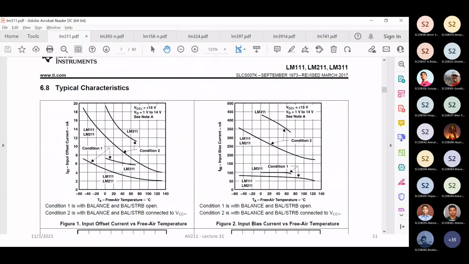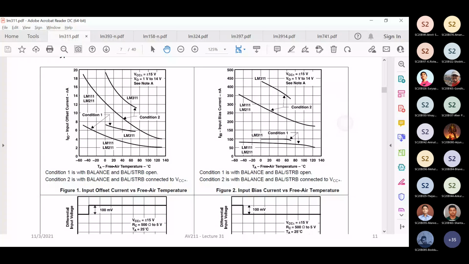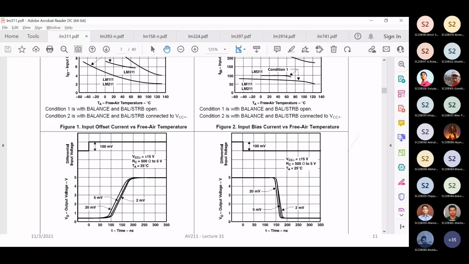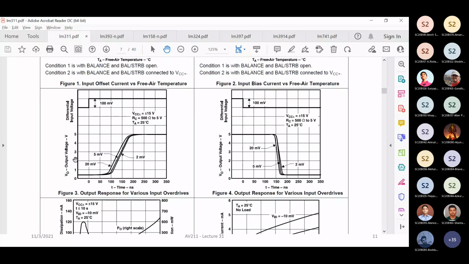Okay, so this is for a certain condition. And then let us also look at some of the characteristics here. If you look at this figure 3, the input differential voltage is 100 millivolt, right? You can see the output time. Basically what they are showing is that for various input overdrives, it needs a minimum of 100 millivolt.